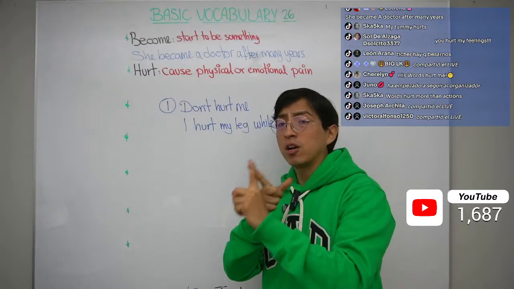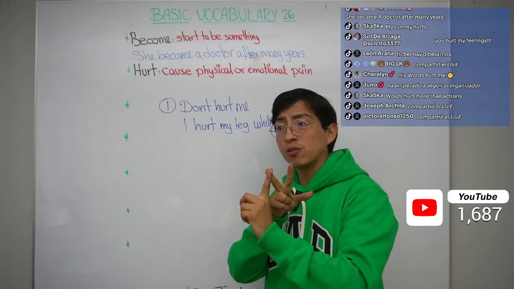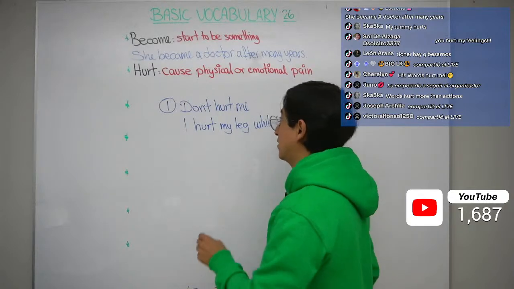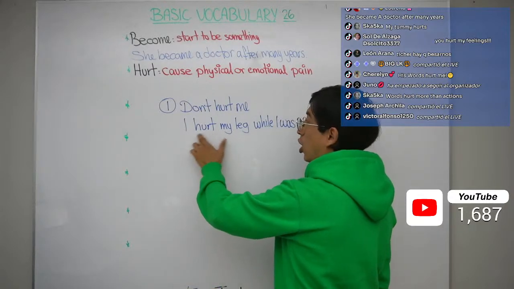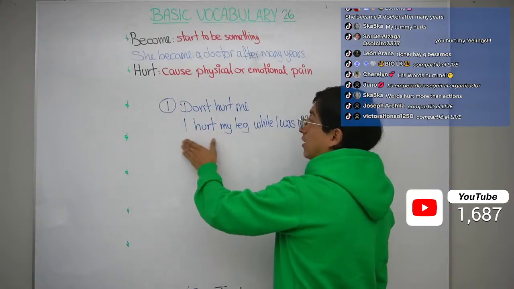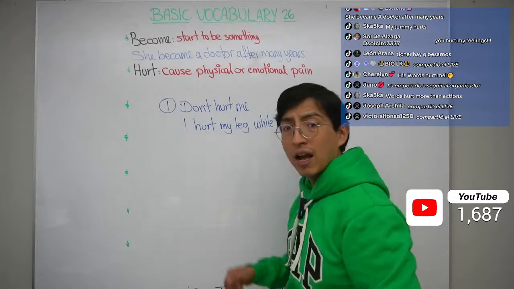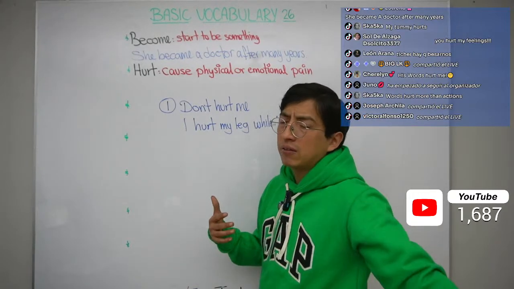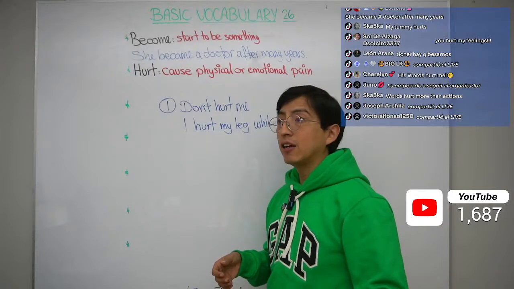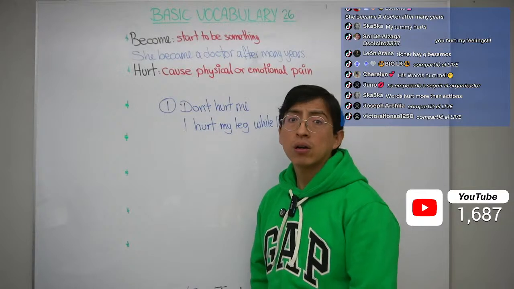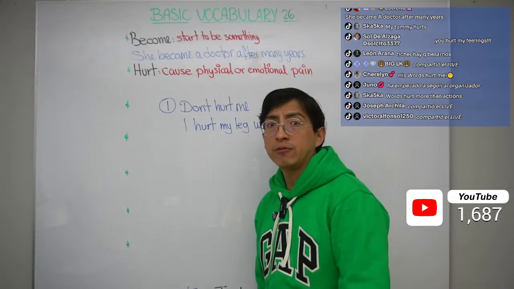Simple past form, hurt. Past participle form, hurt. Okay, so it's the same. You can use here the word hurt. Simple present, simple past, hurt. I hurt my leg. Okay, I was running. I fell. And hurt my leg, or maybe hurt my knee, or hurt my foot.